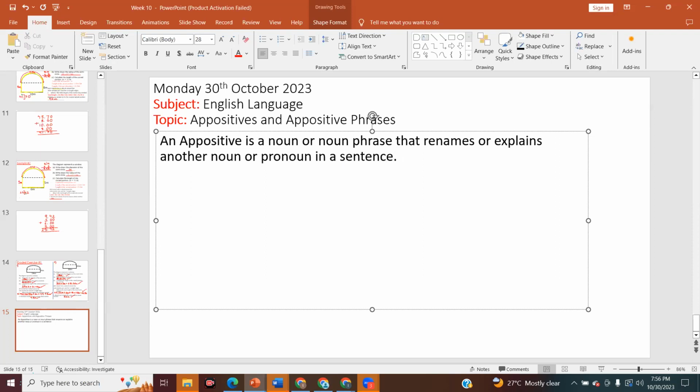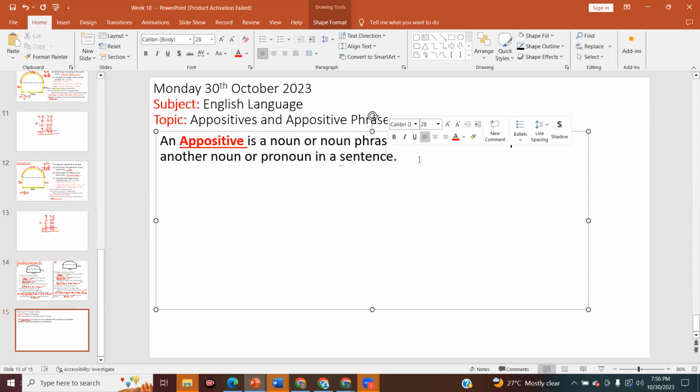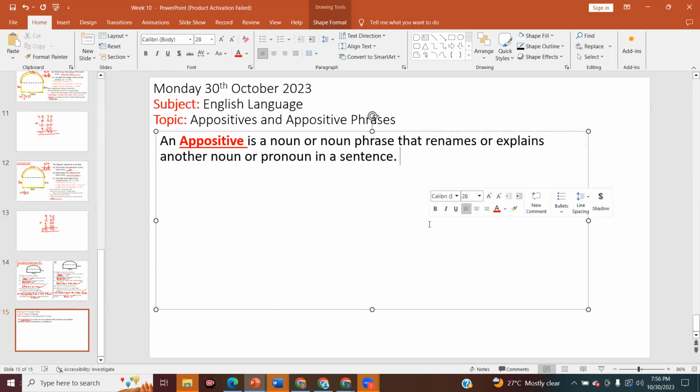So basically, if you want to rename a noun or a pronoun, if you want to give a specific naming to it, if you want to say exactly what you're talking about, or if you just want to provide additional information, then you would use an appositive.